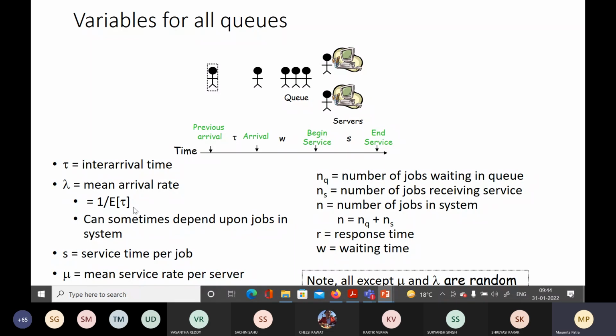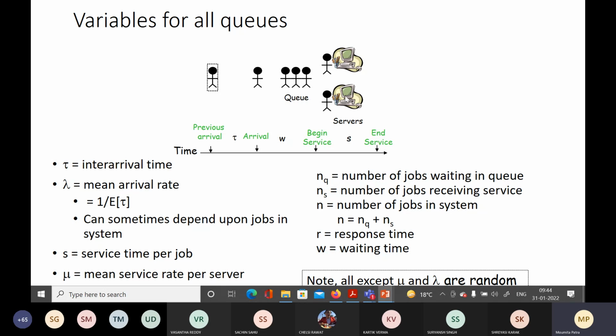Now, this can sometimes depend upon the jobs in the system. Then we have S, which is the service time per job, and mu, which is the mean service rate per server. These are different servers where each student will go and do his or her task.